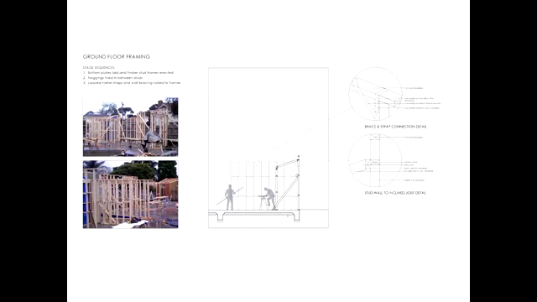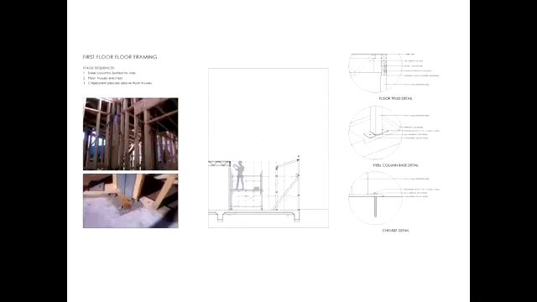So we see all the elements are there as well, including temporary props, equipment, tools, workers, the connections. The most important connections are always highlighted, some pictures relevant to that stage.